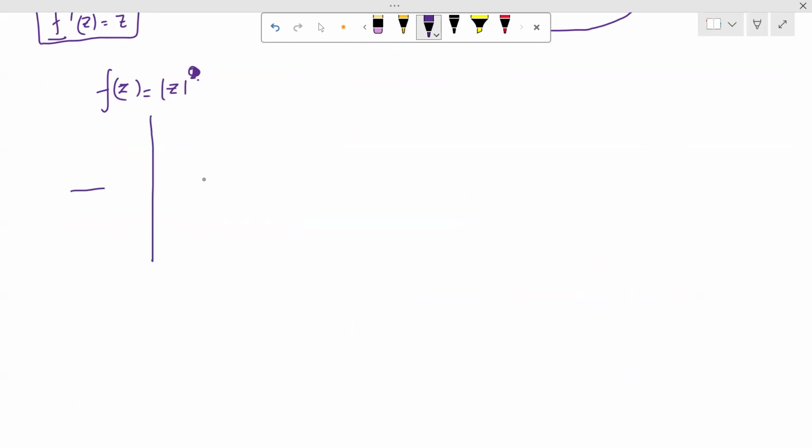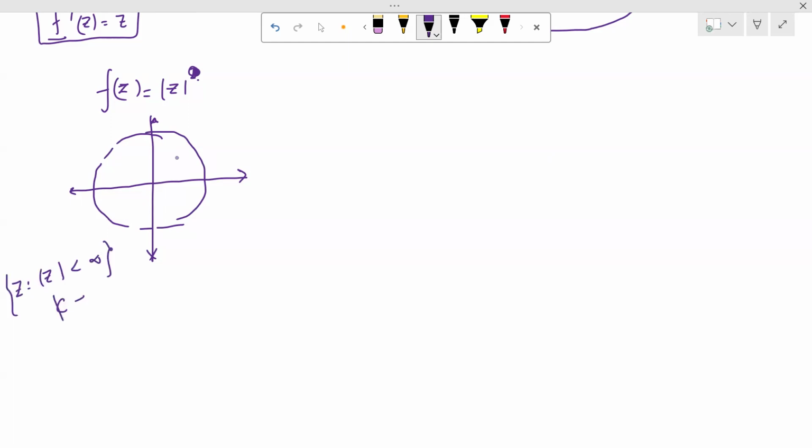If I take the entire z plane, and any point on it, so I'm going to take all z such that |z| is less than infinity. So I'm talking of the finite complex plane. If I take any value, |z| is just going to be the square root of x^2 + y^2. And this is completely real valued.